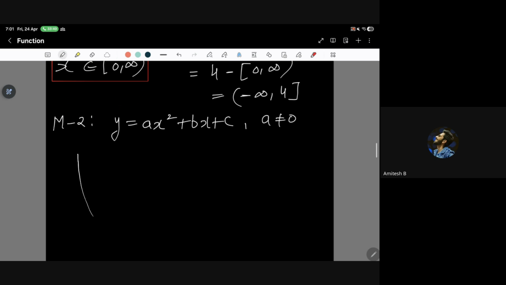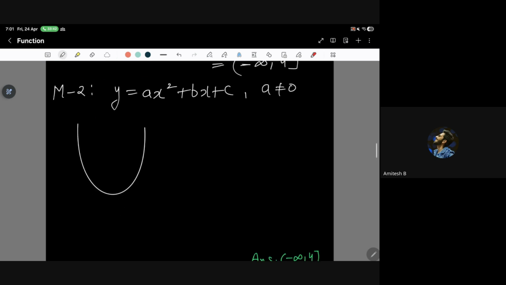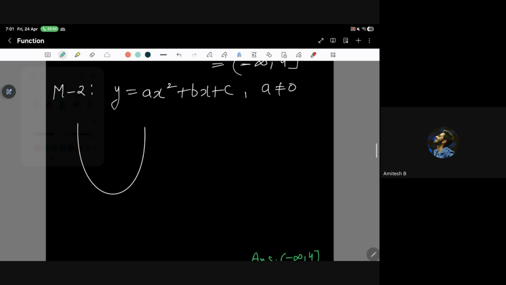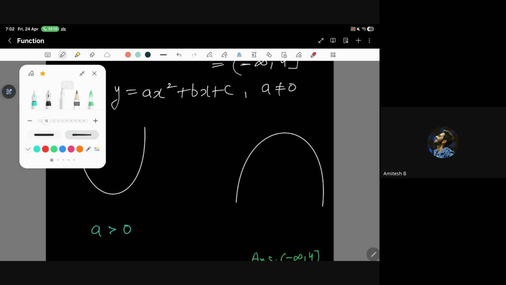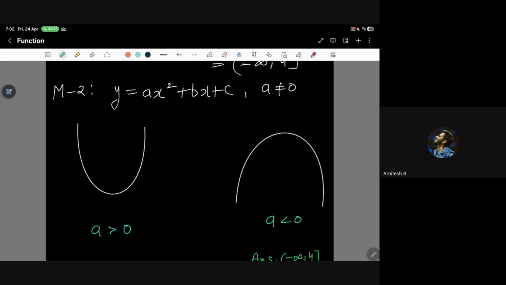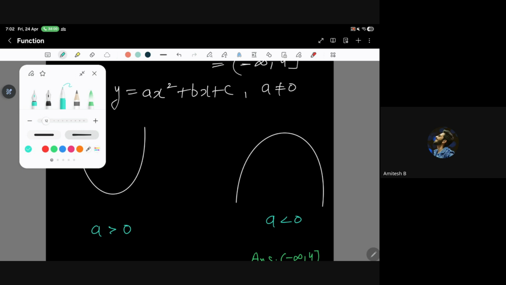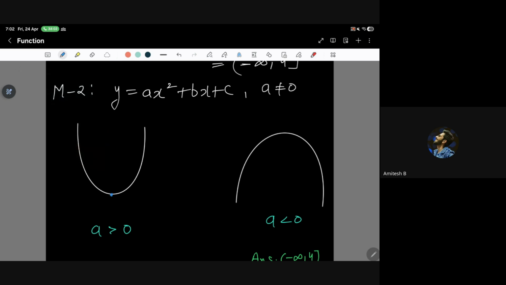So when a is positive, and similarly when a is negative, the vertex of this is called the vertex, the lowest point of this U shape, or here it is the highest point of this mountain shape.